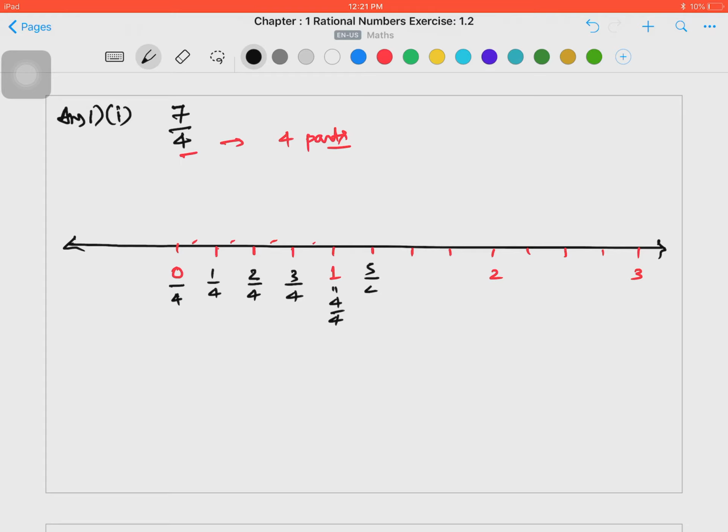This will be 5 by 4, 6 by 4, 7 by 4, and this 2 will be 8 by 4. Here we have 9 by 4, 10 by 4, 11 by 4, and this 3 will be 12 by 4, and so on. So now you can easily locate our number, which is 7 by 4. It's here. This is the answer of part 1.